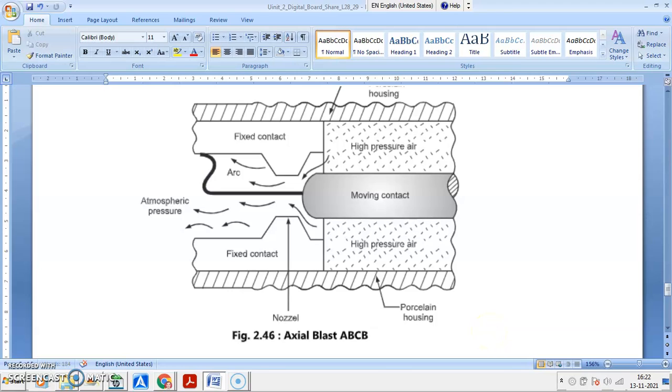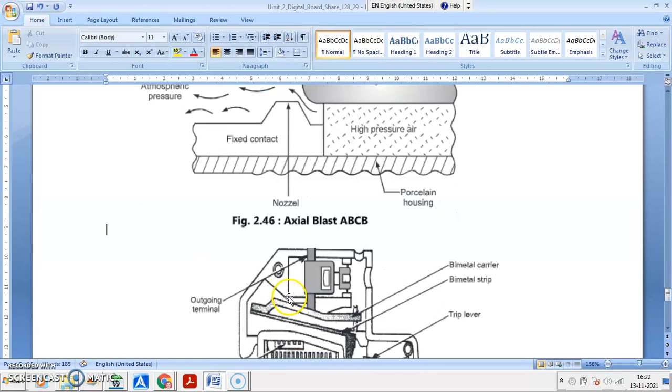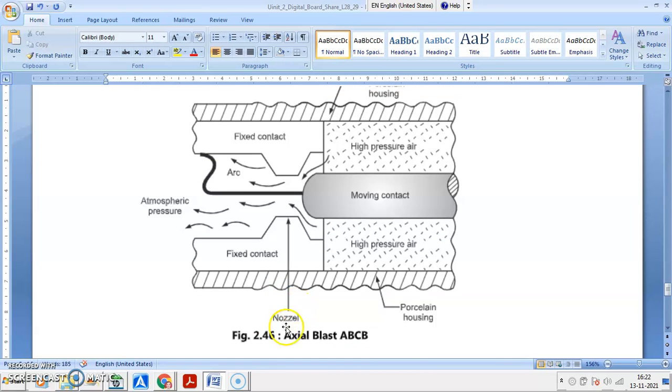And next is the miniature circuit breaker, MCB. Any doubt you are having? If you have, you can ask.